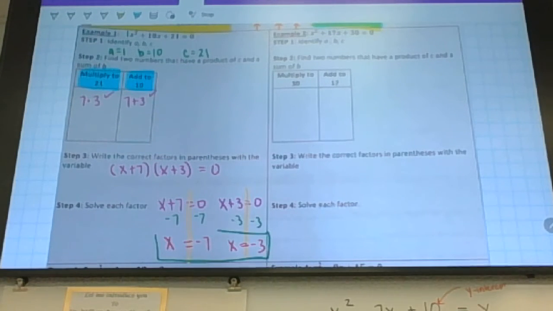And I found the intercepts of this archway, or this parabola, to be -7 and -3 without using Desmos. Now you can go to Desmos and type it in, and you'll see the intercepts are -7 and -3. But finding the numbers yourself is required. You can use Desmos to check.